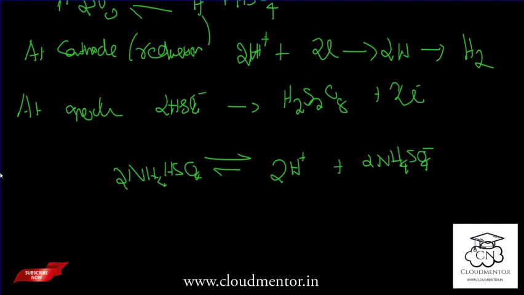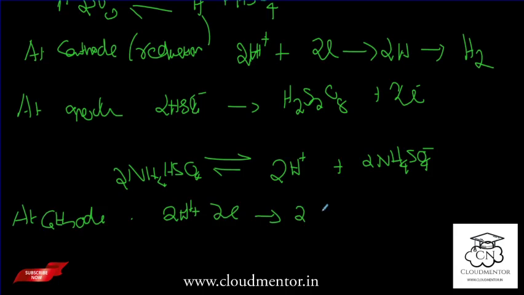And at cathode the same reduction occurs: 2H plus plus 2 electrons giving 2H, and hydrogen gas is formed here.